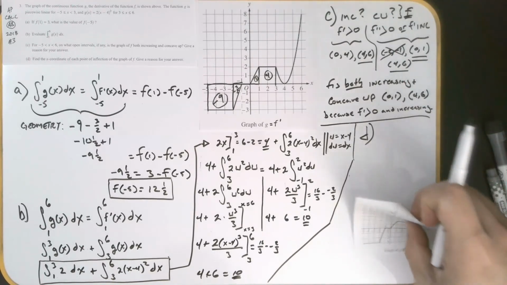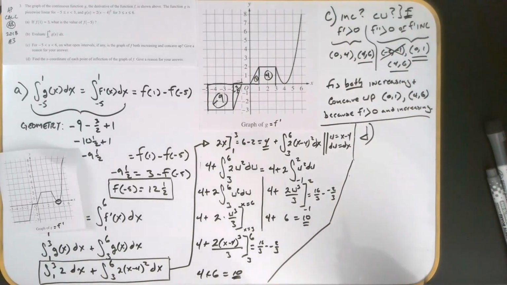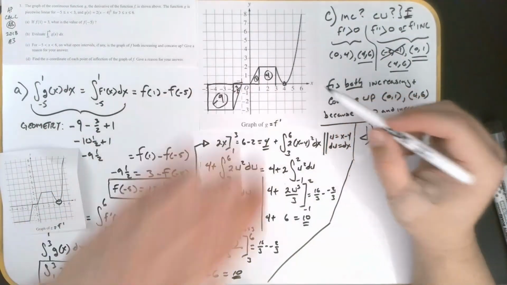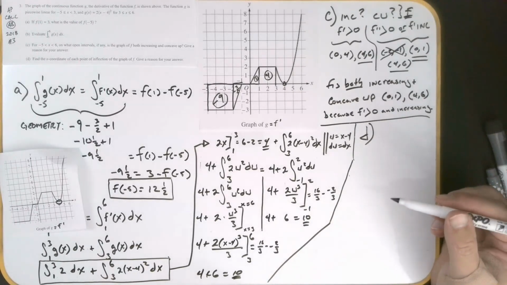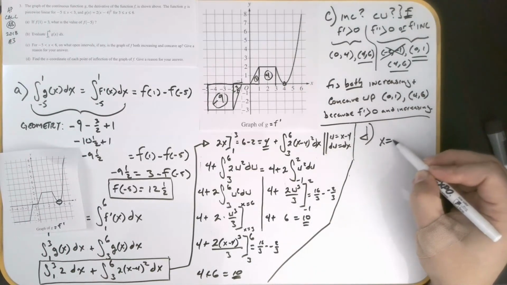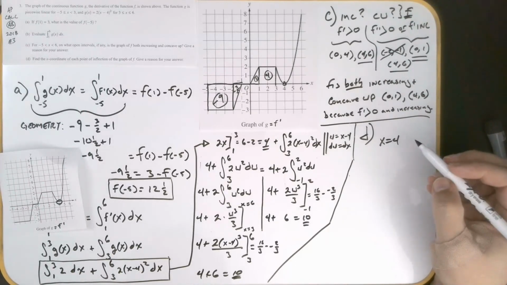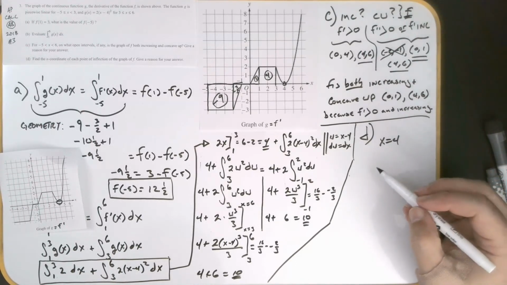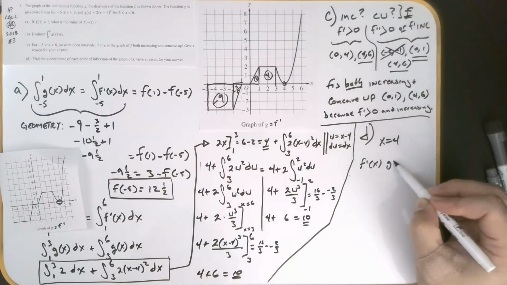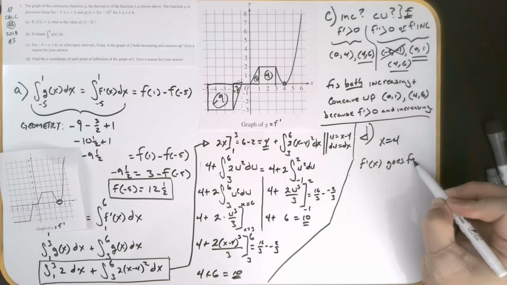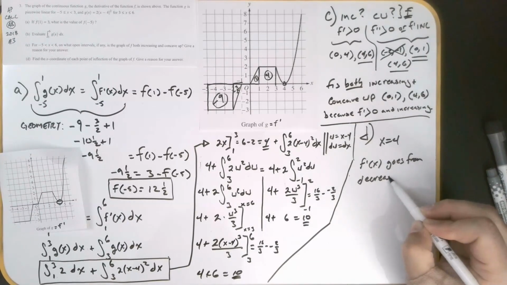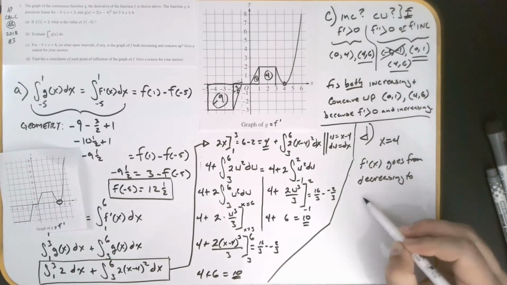So for part D, it says, find the x-coordinate for each point of inflection of the graph, and it's obviously right here as well. The only spot where that's going to happen is, you could say, it's occurring at x is equal to 4. And your explanation is going to be because f prime of x goes from decreasing to increasing.